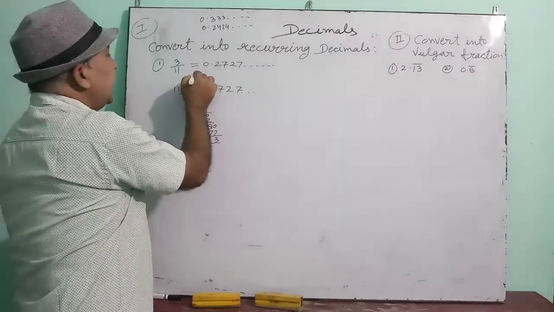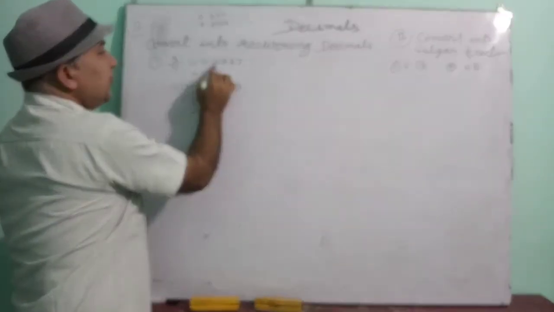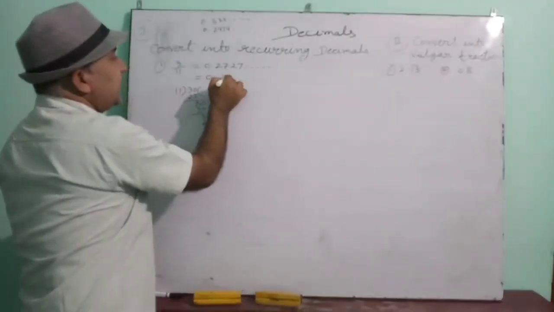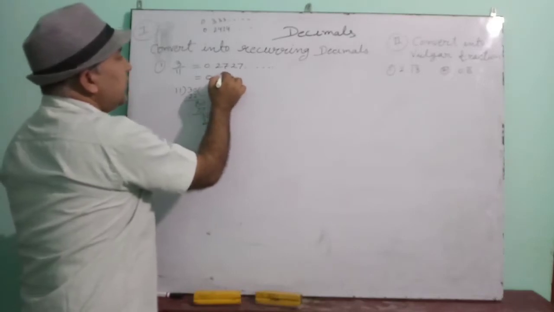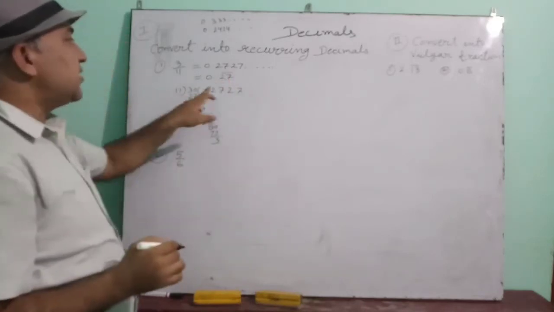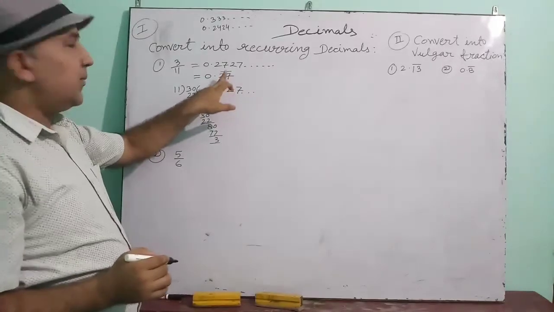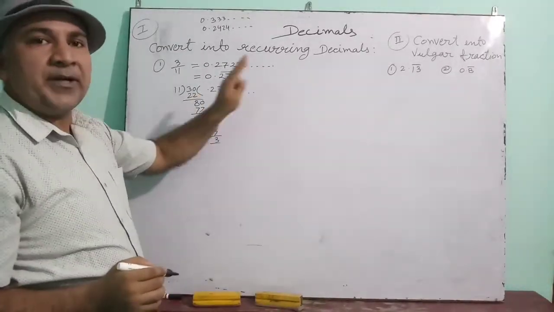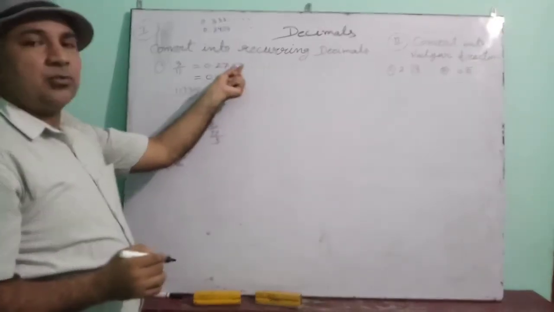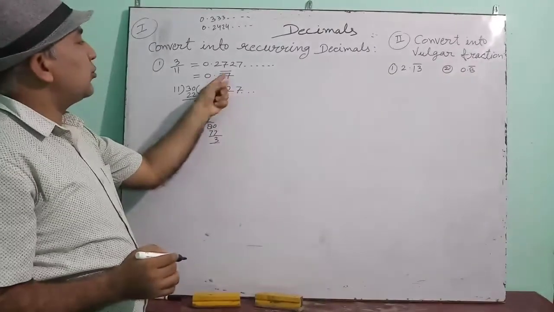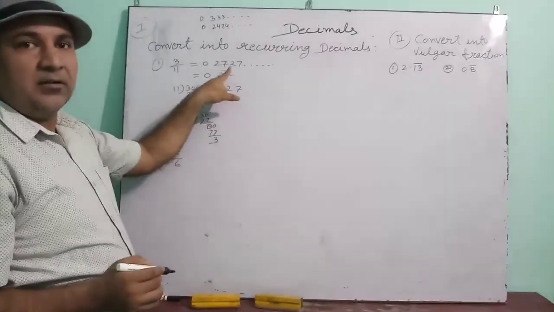Now see carefully. If digits are repeating, then we put a bar over those digits which are repeating. Since here 2727 are repeating, over 27 we will put the bar.